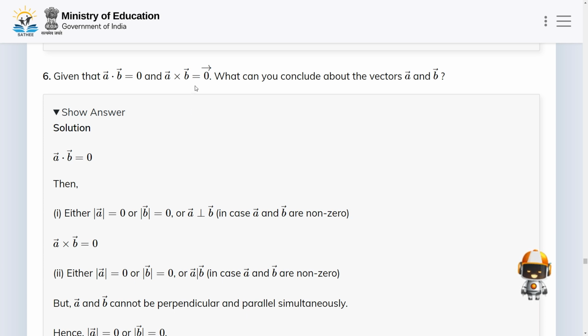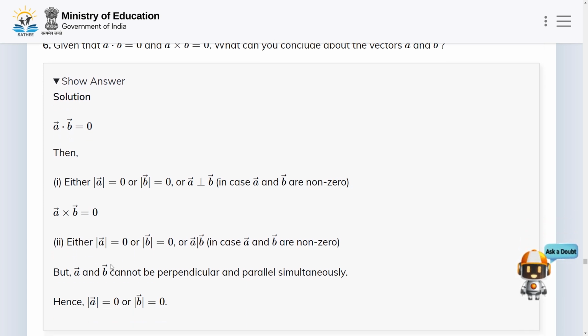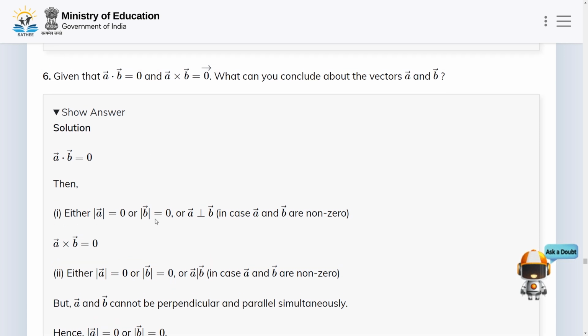Why? Because in parallel, the cross product must be 0. But as you know, A and B cannot be perpendicular and parallel at the same time. If it is perpendicular, then you cannot say that they are parallel to each other.